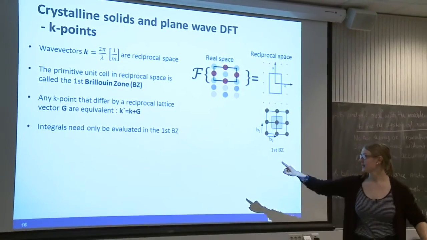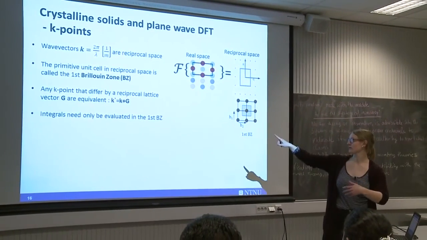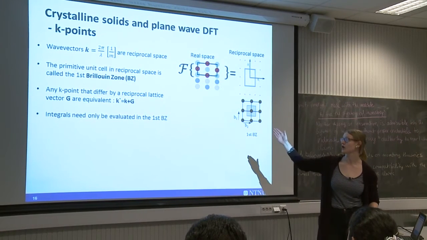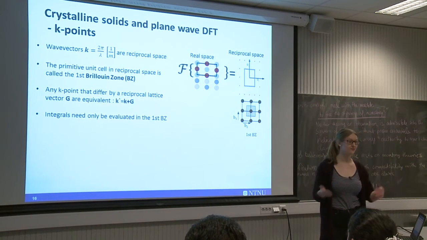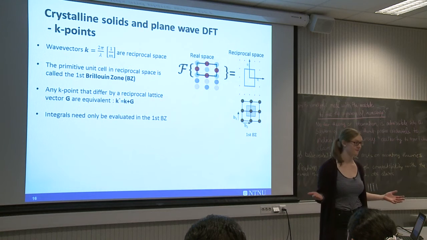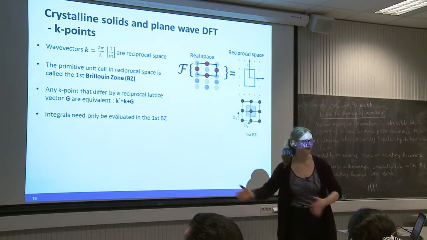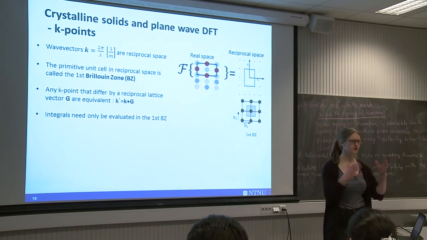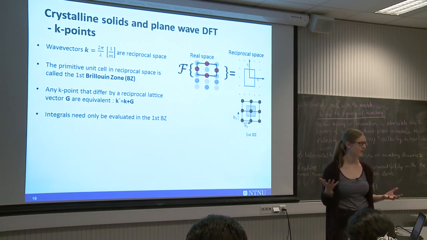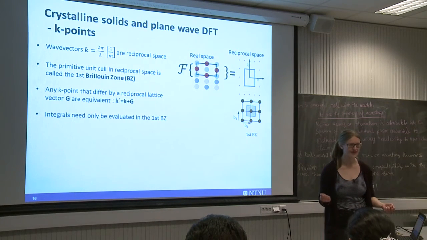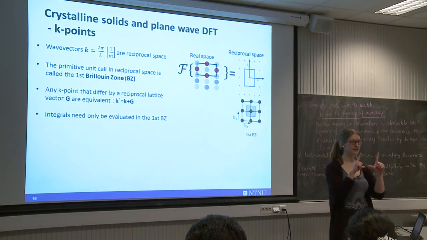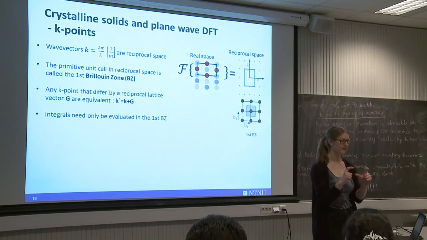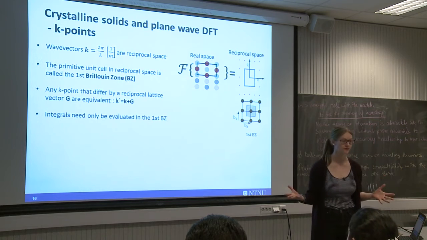can be written as the sum here. So if it just differs by some reciprocal lattice vector G, it's basically the same wave, just phase shifted, right? So that means that in terms of considering which plane wave vectors we need to look at, we can only consider the first Brillouin zone, and we've captured it all.